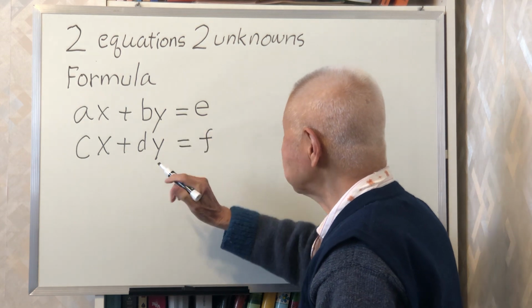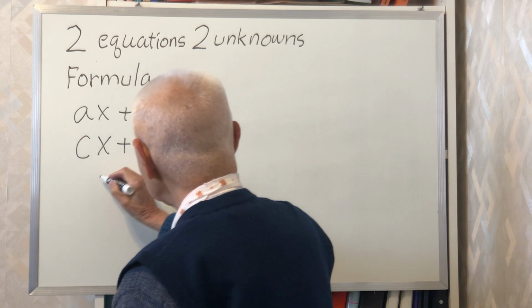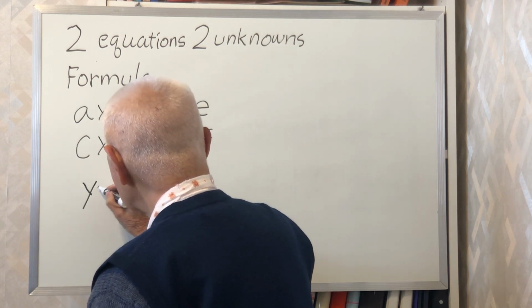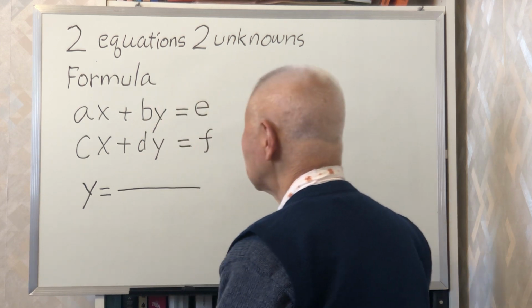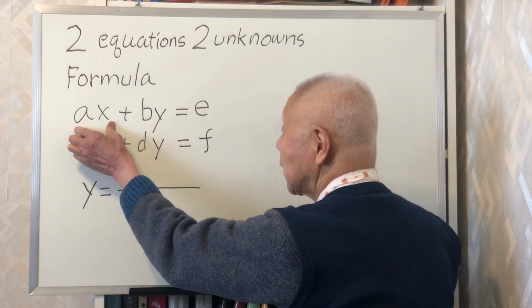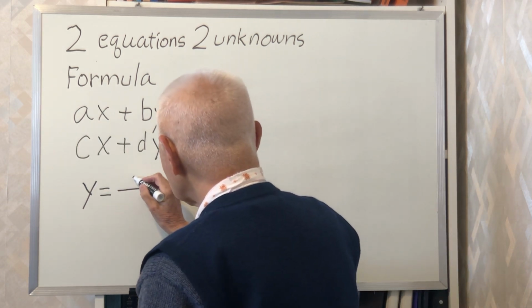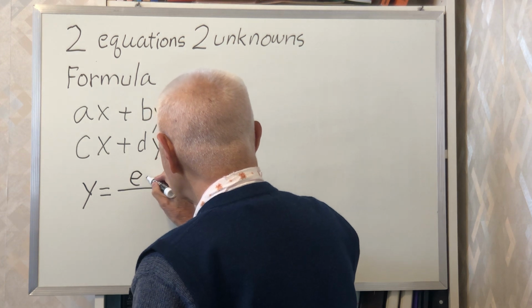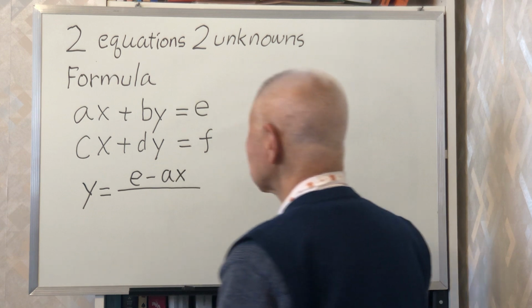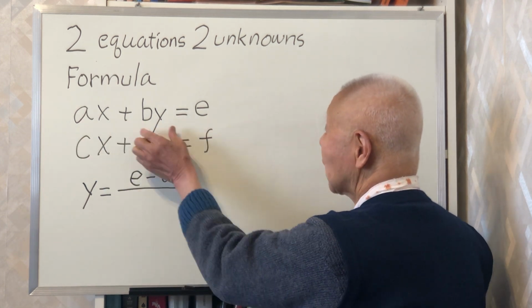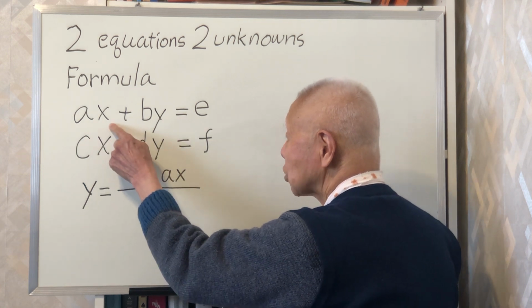Isolate y from the first equation. Move ax to the right hand side, then you have by equals e minus ax.